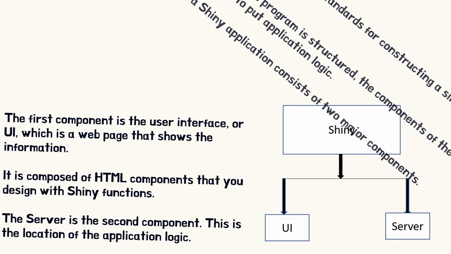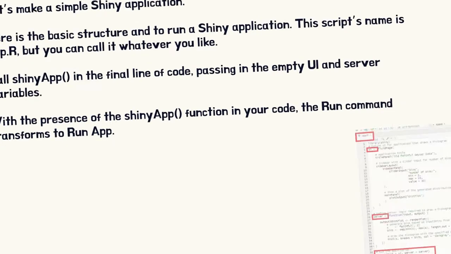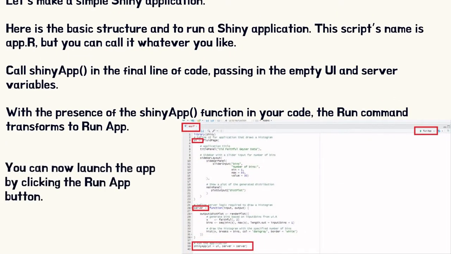Let's make a simple Shiny application. Here is the basic structure to run a Shiny application. This script's name is app.R, but you can call it whatever you like. Call shinyApp in the final line of code, passing in the empty UI and server variables. With the presence of the shinyApp function in your code, the Run command transforms to Run App.